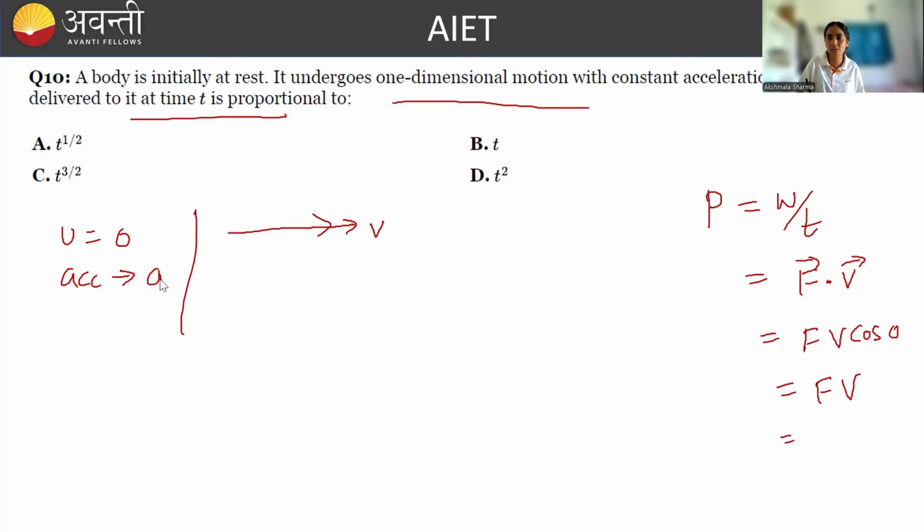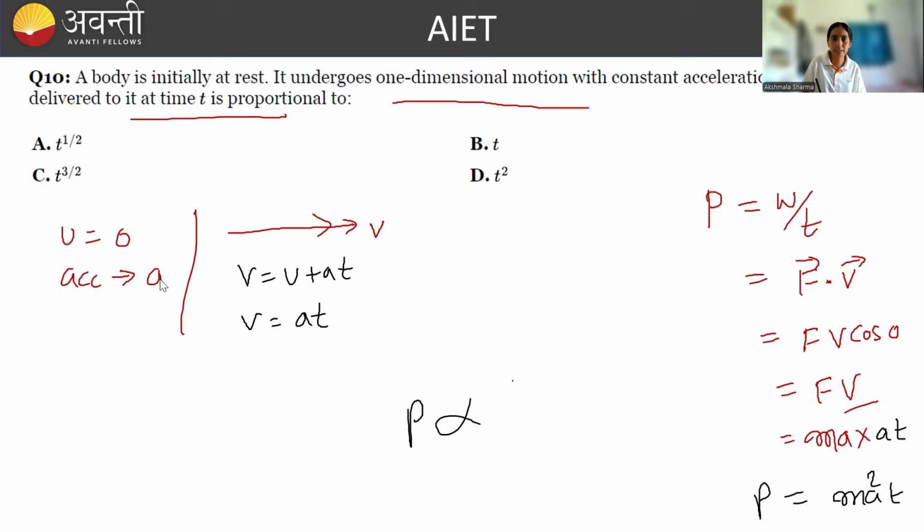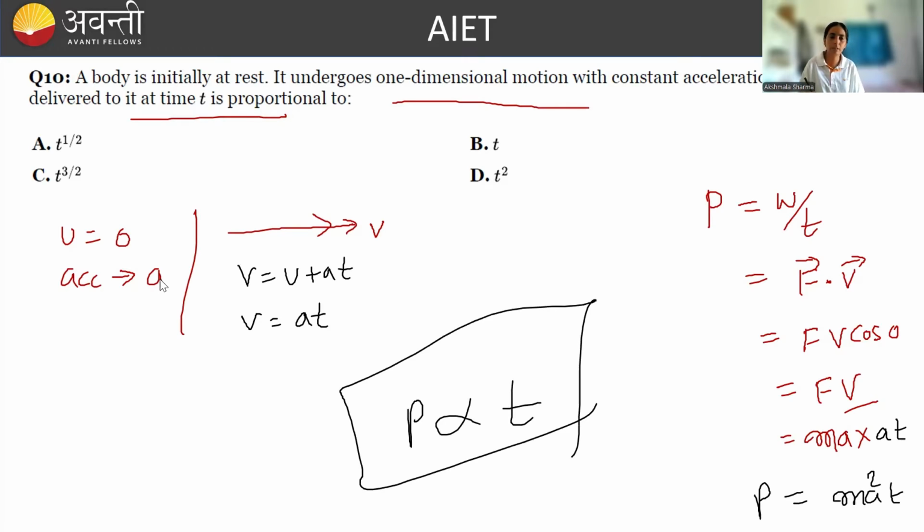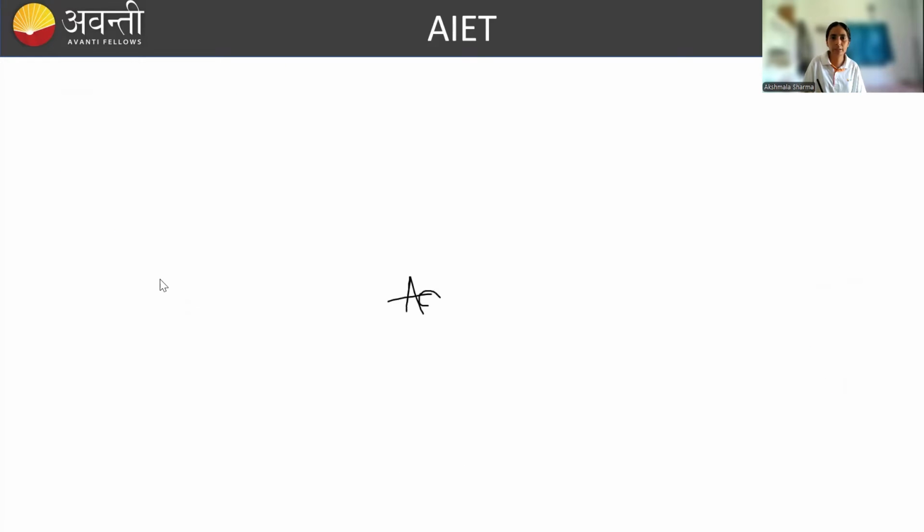Since acceleration is a, force will be ma. What will be the velocity? Velocity at any time t can be calculated using the equation of motion, v equals u plus at. So v equals at because u is 0. So power is m a square t. Power is directly proportional to time. So the correct answer will be B.